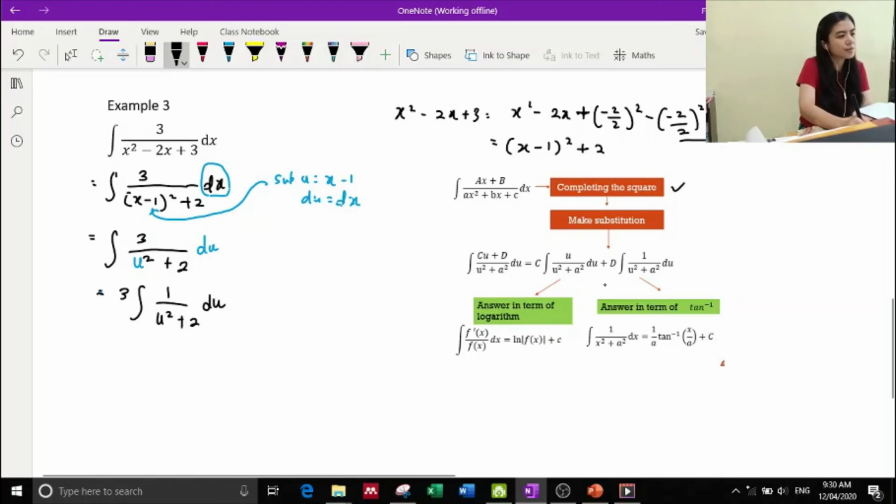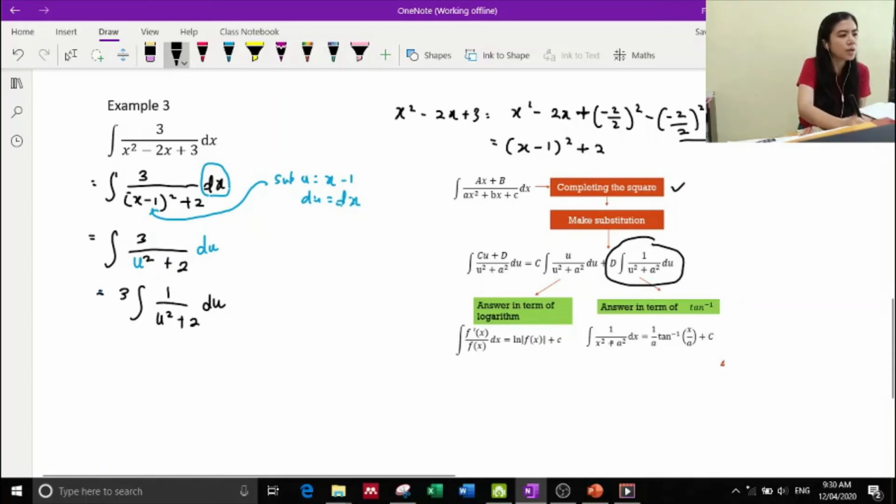If you look at the form that we have, you're already in the general form of the second. The answer should be in terms of the tangent inverse, because you have one there.